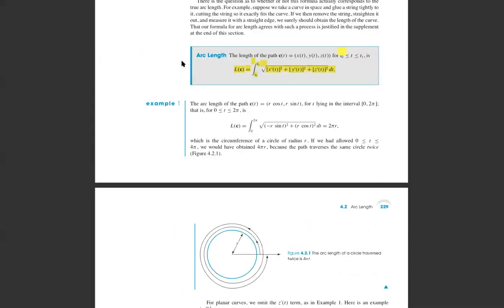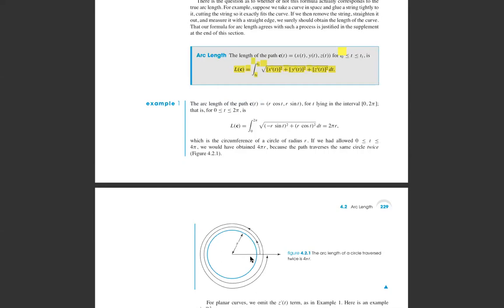So for example, if our path is from R to R2.